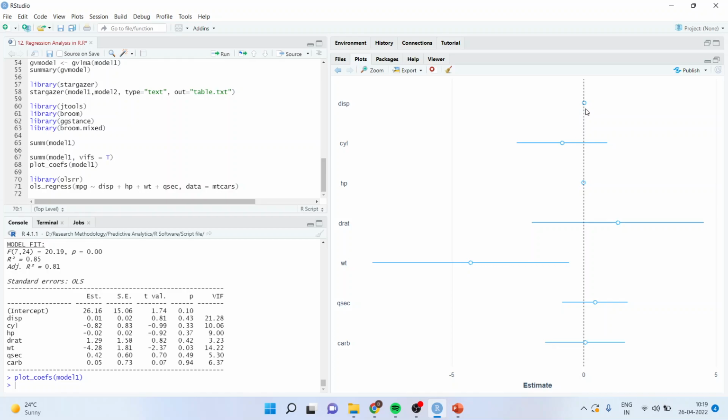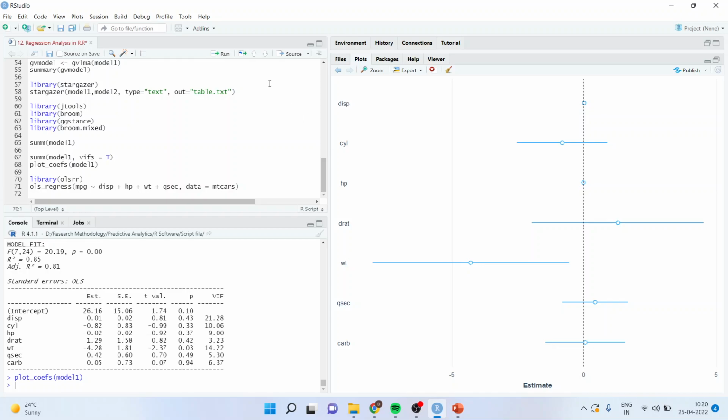You can see displacement, cylinder is not significant, HP not significant, D rate not significant. The highly influential variable is weight. QSEP and carb are also dissected by 0. Weight is not dissected by 0 axis line, and therefore weight is highly influential variable in regression.